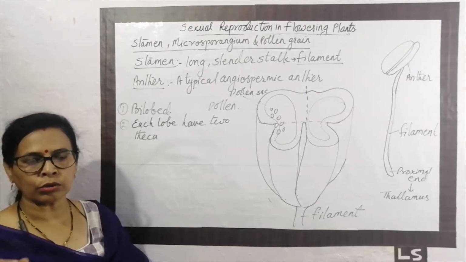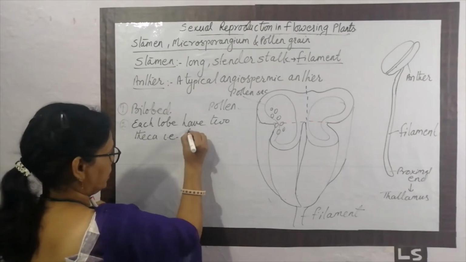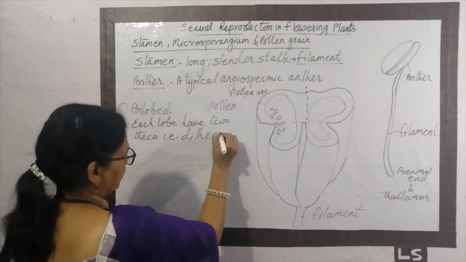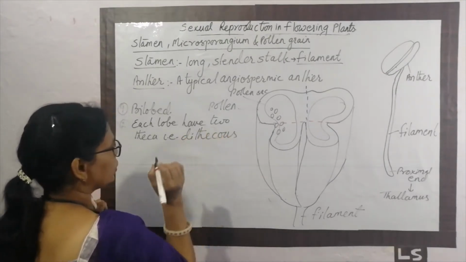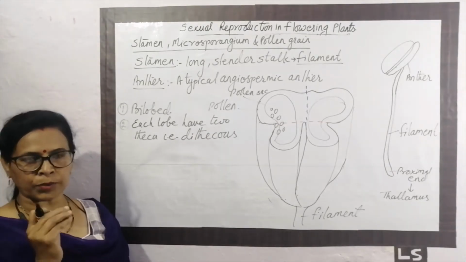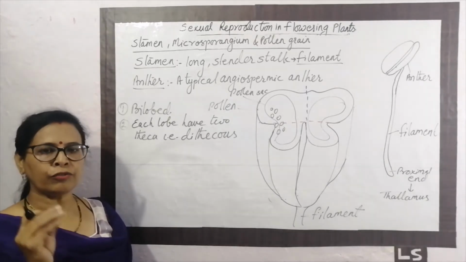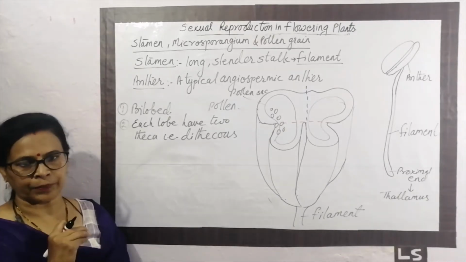So it is also called dithecous. Di is two, thecous is for the theca. It is made up of two thecae. Two lobes are present, and in each lobe two thecae are present. Total four thecae are present.